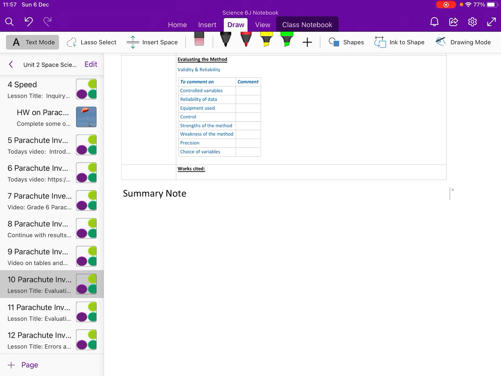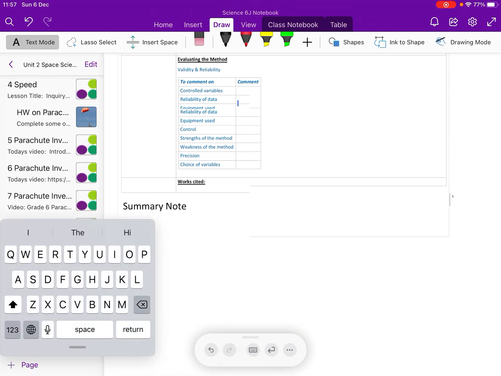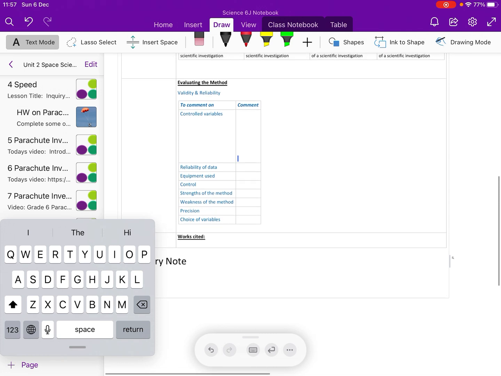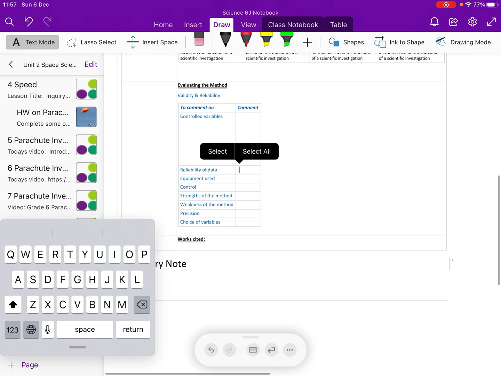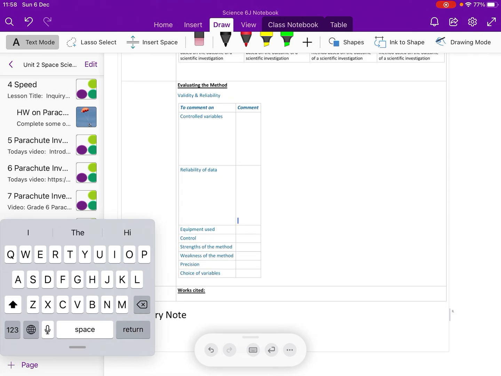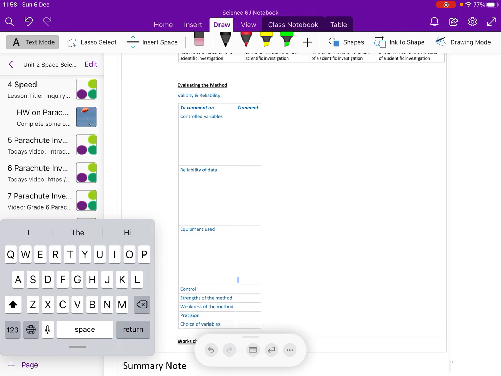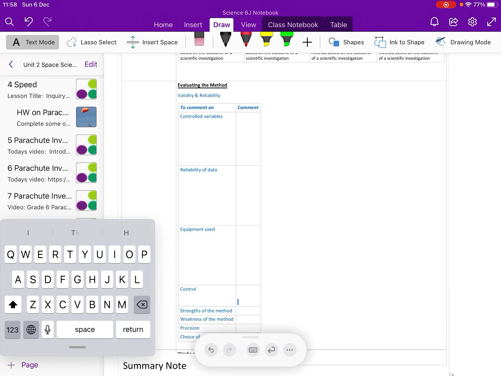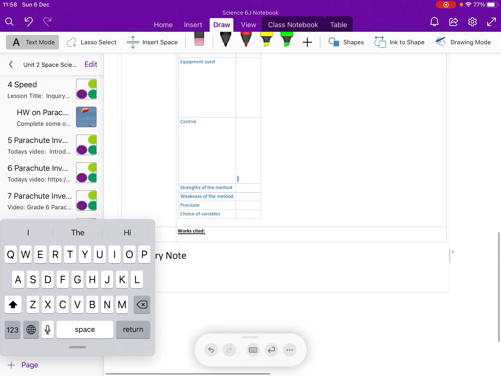What I'm just going to do now is I'm just going to add some space in my boxes here so that I can write in them. This is the fun part. You have to watch me make some spaces.